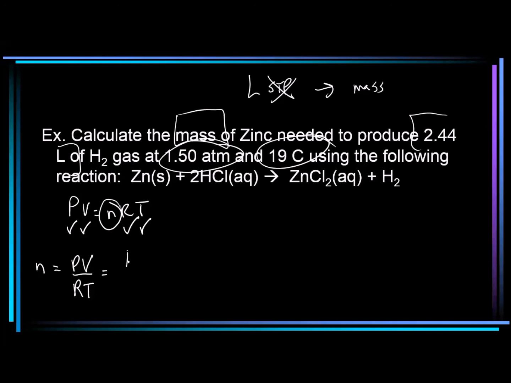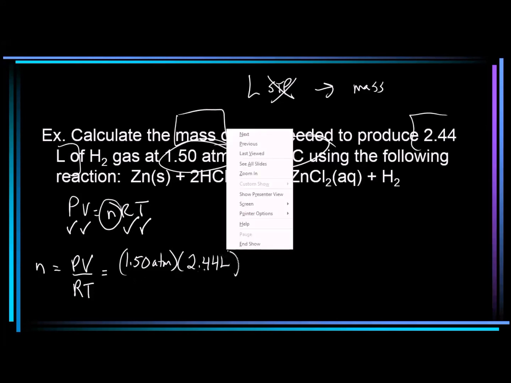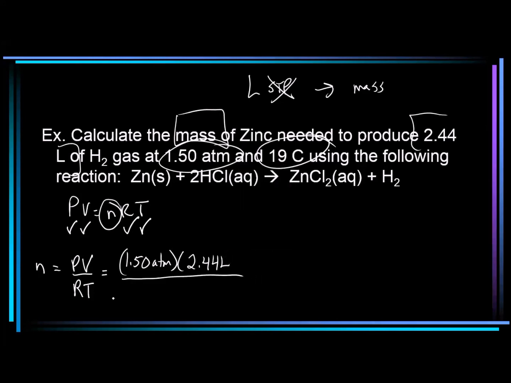Pressure is, volume is, R is the ideal gas law constant. We have 2 at our disposal, 0.0821 or 8.31. This one's going to be, and T has to be in Kelvin. I need a calculation there.